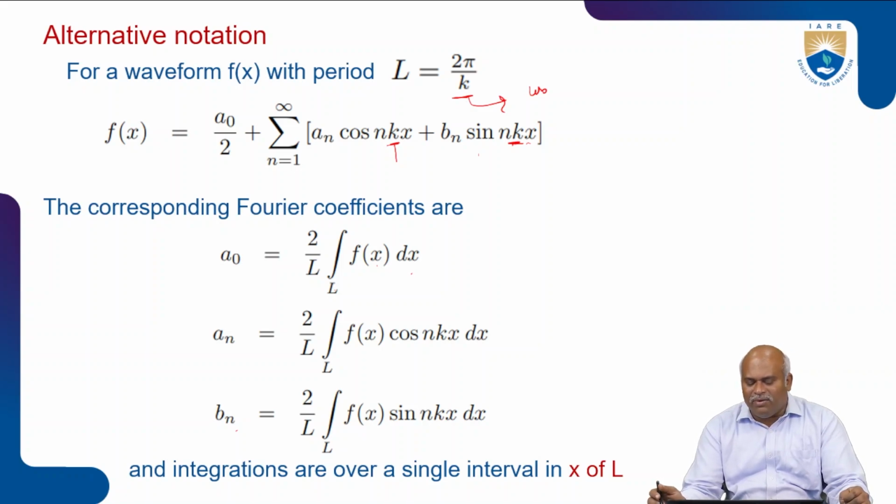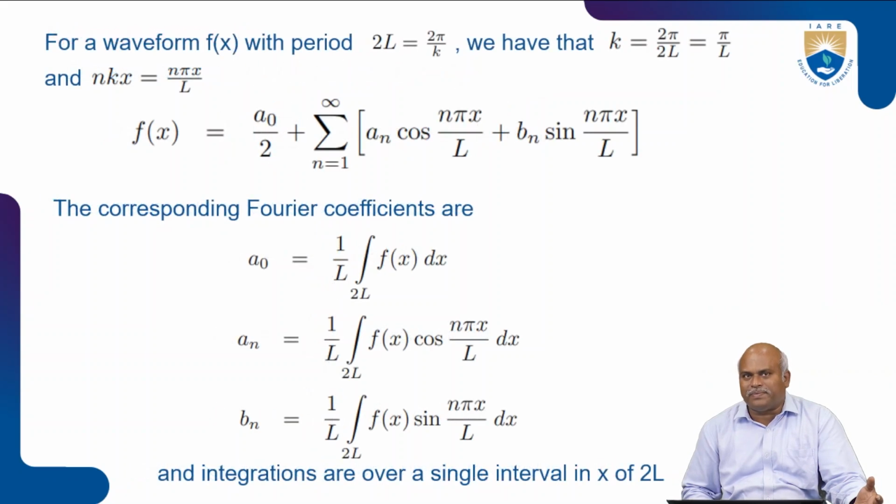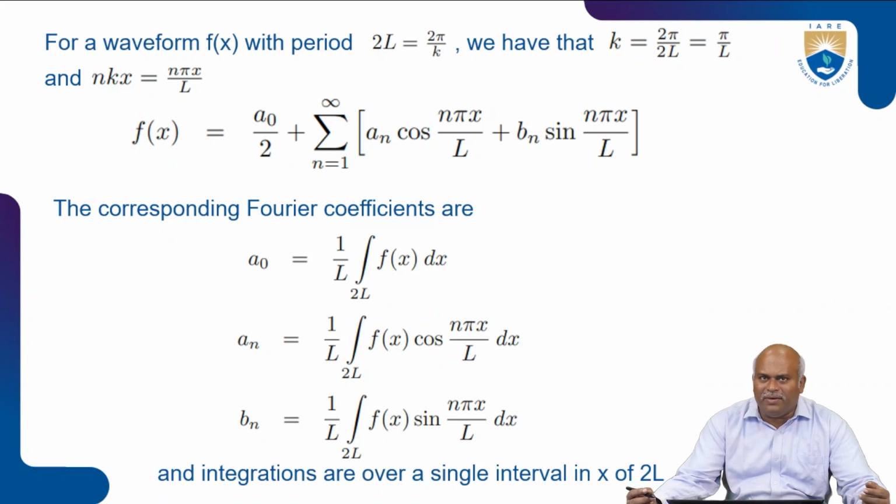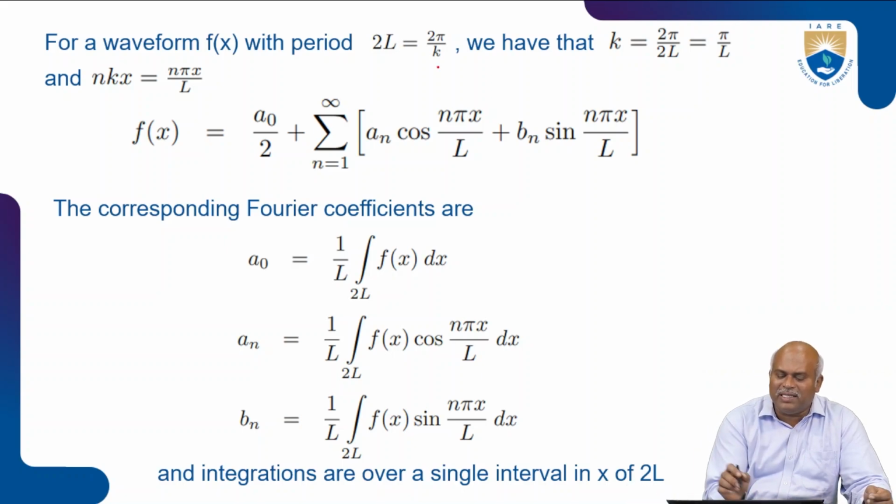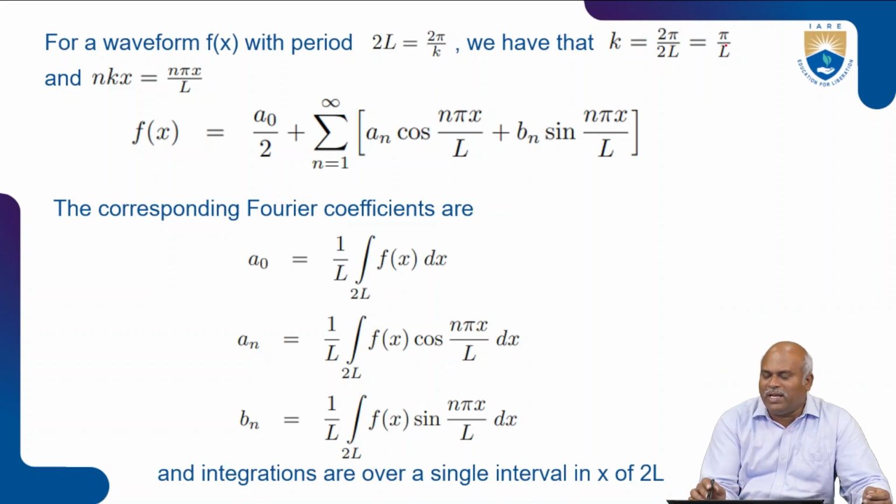The integrals are over the single interval of x, which is represented as a capital letter L. Next, for the waveform f of x with period represented as 2L, I consider k equal to 2 pi by L. The two factors cancel, then the remaining pi by L is there.